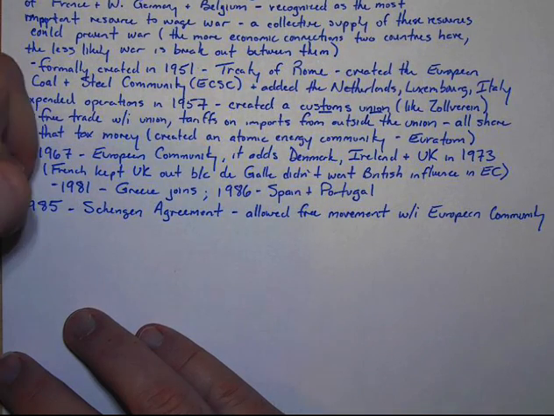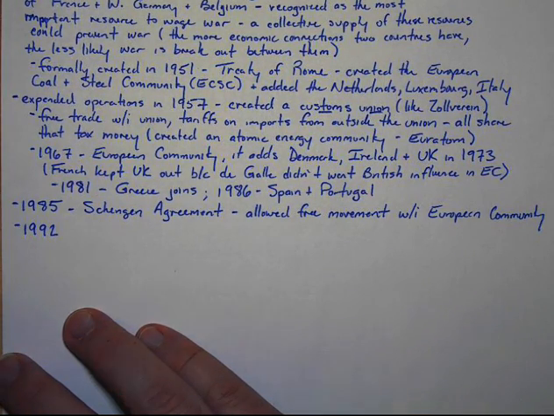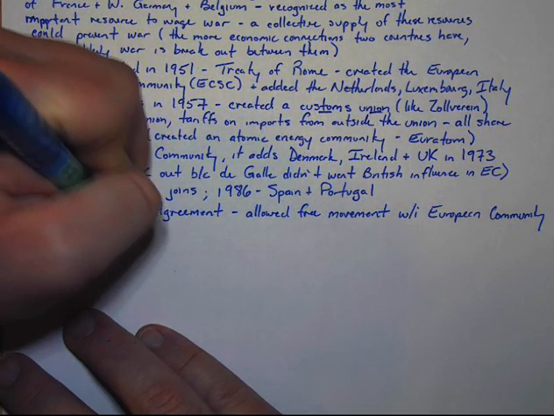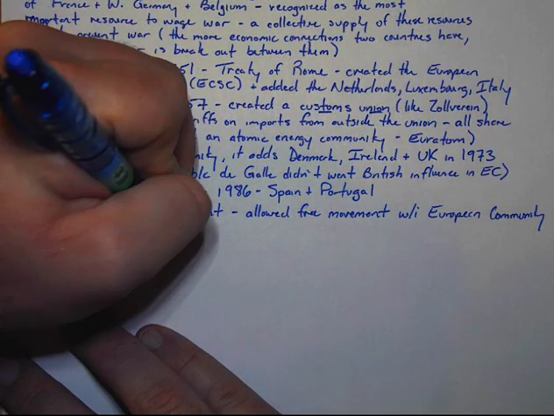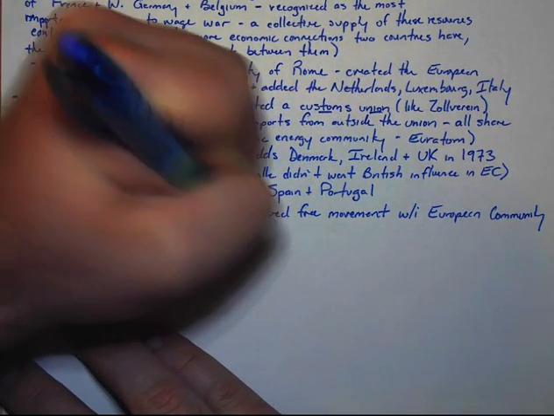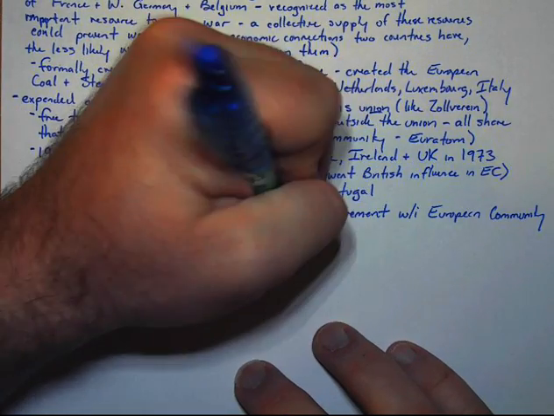In 1992, we formally create the European Union. 1992, the Maastricht Treaty is signed, and that's what creates the European Union.